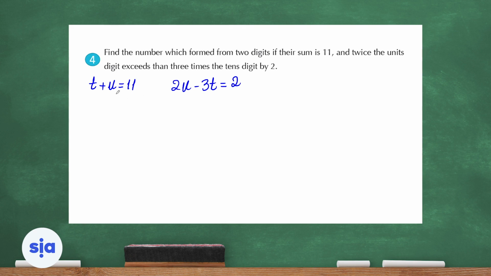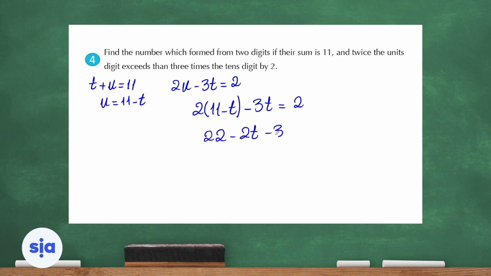So if you go to the first one and you make u equals 11 minus t, and you substitute it in the second equation. So 2 times 11 minus t minus 3t equals 2. Expand the bracket, so it's 22 minus 2t minus 3t equal 2.